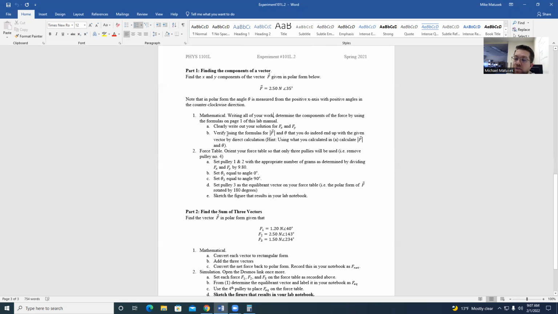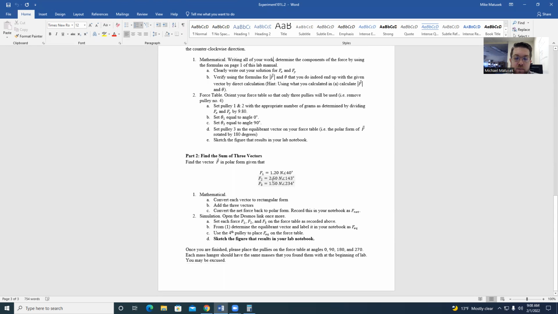I want you to verify that this is in fact the correct component form by using the Pythagorean theorem as well as the arctangent of the ratio of your two components. Once you have that, I need to see that your force table is in the correct orientation. And so you'll follow these instructions to set that up. Once you have that, you'll need to sketch a figure in the results in your notebook, and then you're ready to move on to the second part.